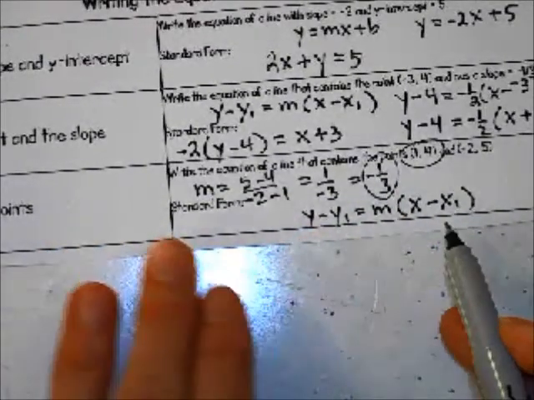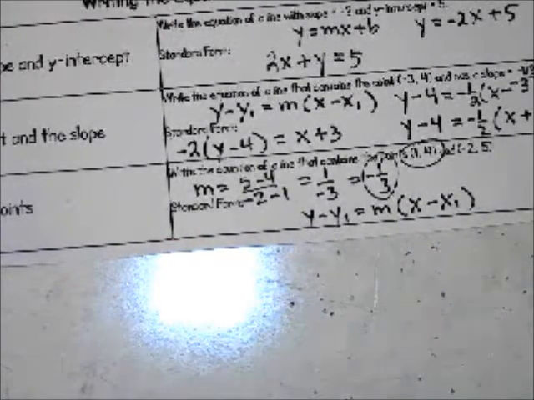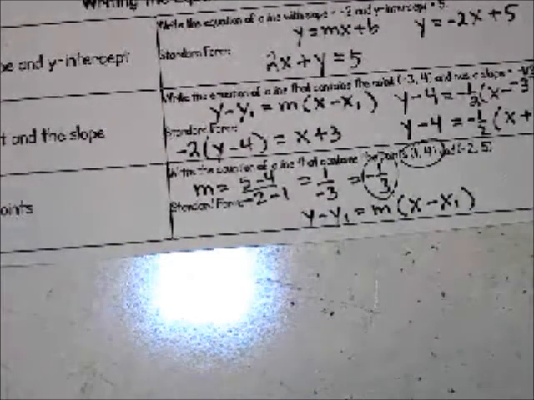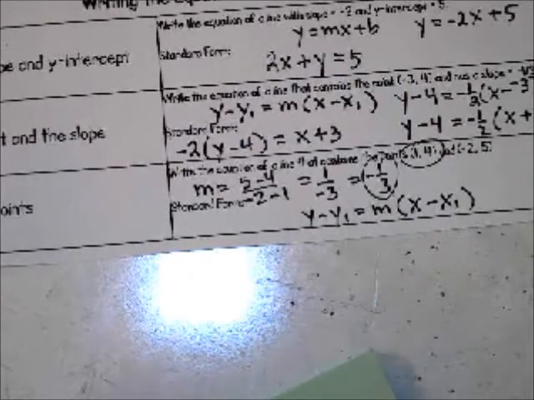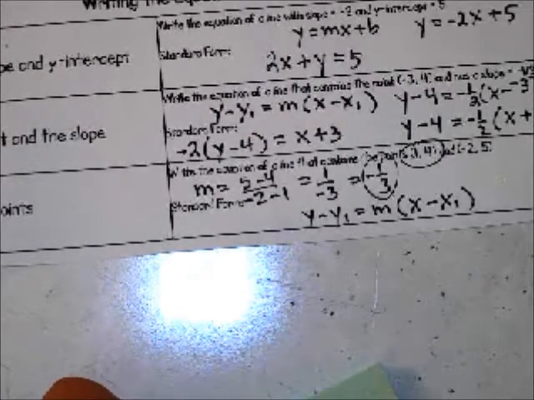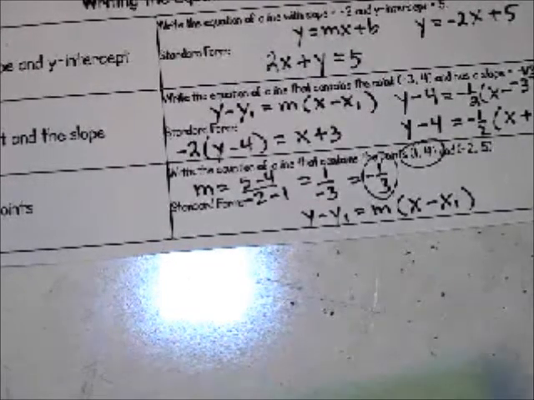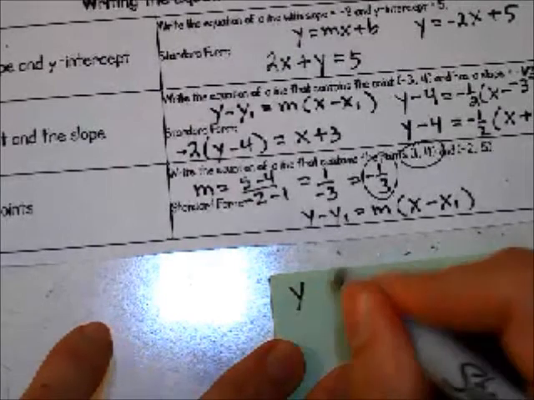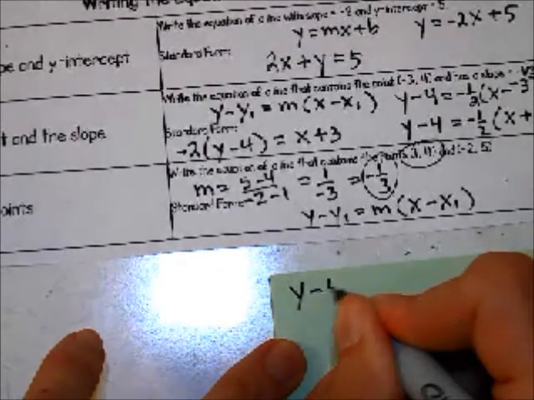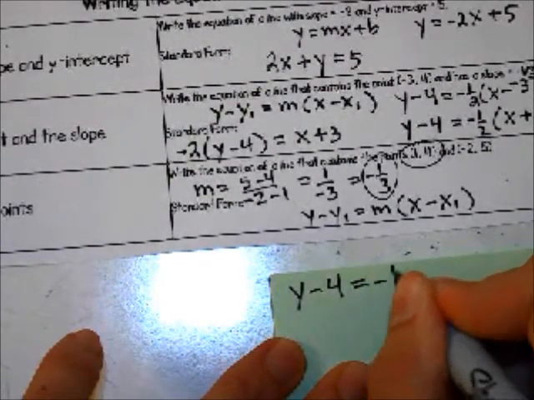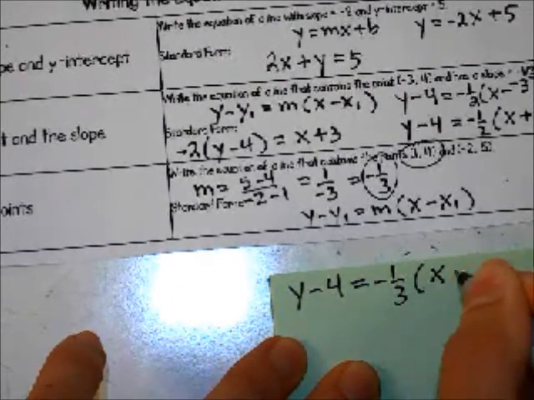Go ahead and do that real quick and see if you get the same answer that I do. You can just leave the video going because I'm going to be working it here in the background. Actually, here, I'll just do it right here for you. y minus y1 equals m times x minus x1.